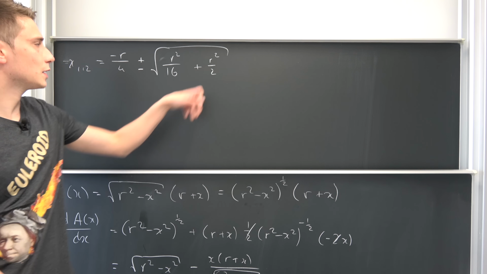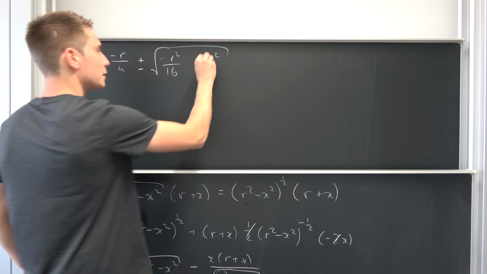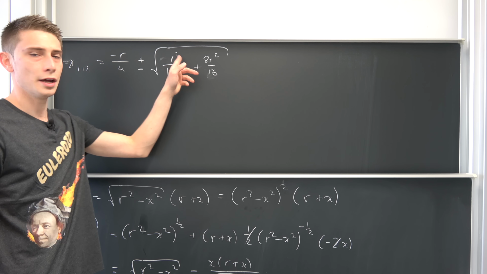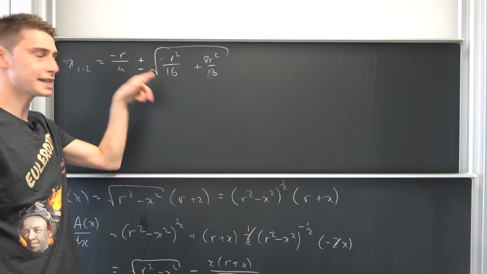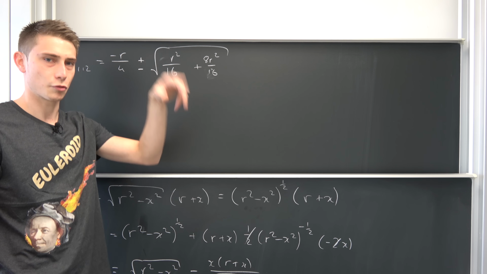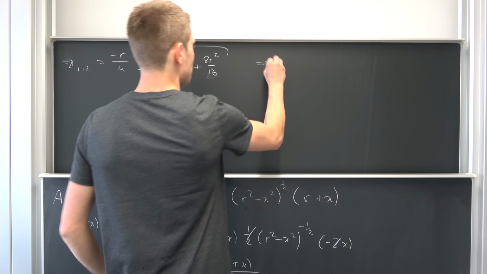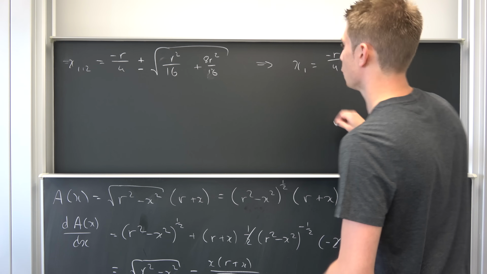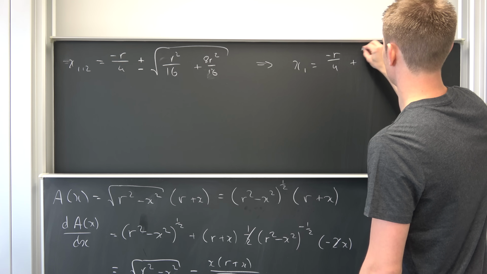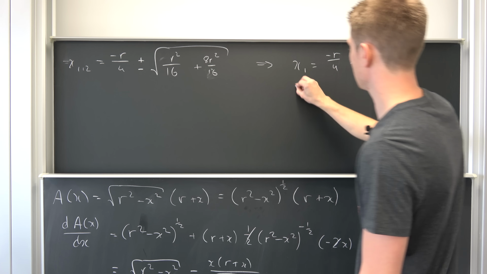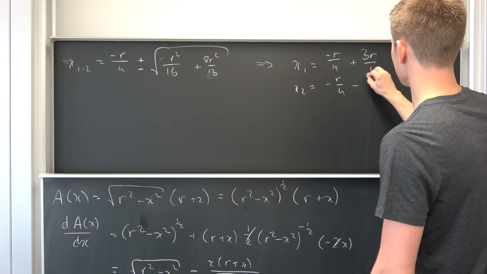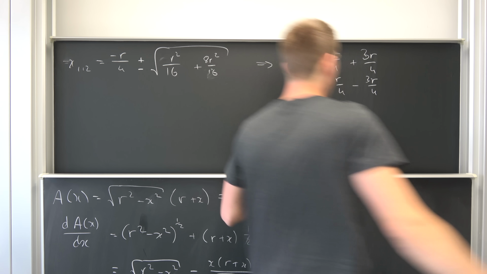And you see we can advance this fraction by 8 over 8 to get a 16 down here, and this is going to evaluate to 9r squared over 16. Taking the square root of that thing is just 3r over 4. So that means x1 is nothing but negative r over 4, positive 3r over 4, and the next value, x2, is nothing but negative r over 4, negative 3r over 4.